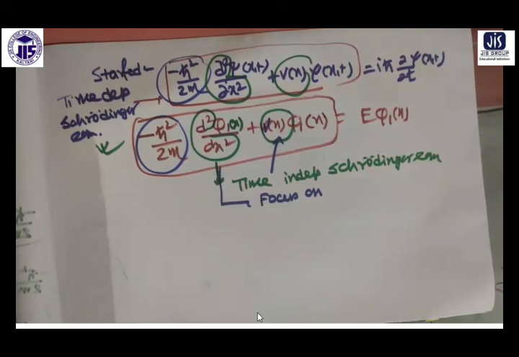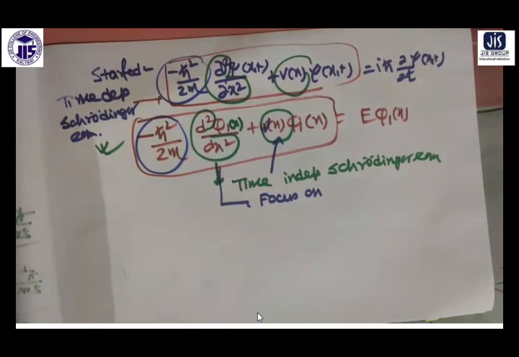You can see it is very similar in both cases, excepting the functional dependence. The initial equation depends on time. The final equation, obviously, is only the x part of the equation. Time has been separated out. So the final equation, as you can see on the screen, is the time independent Schrodinger equation, and the time dependent one is also written there. Now we'll be solving problems actually with the help of this final equation.